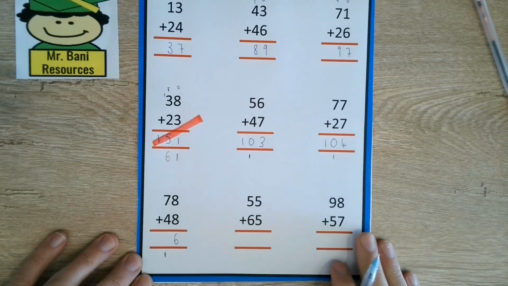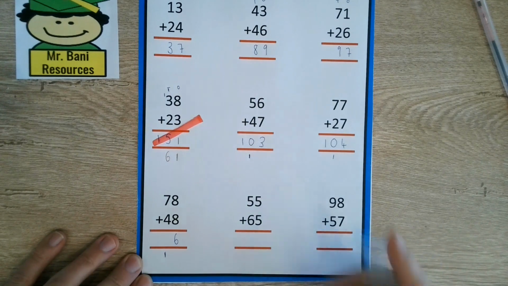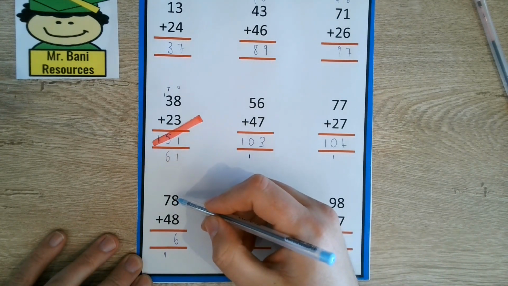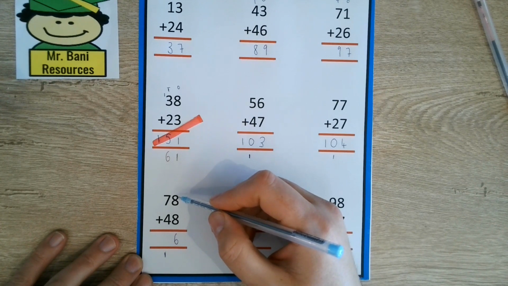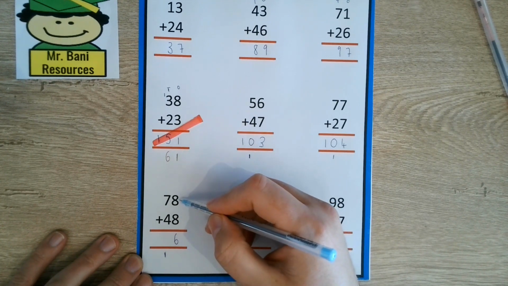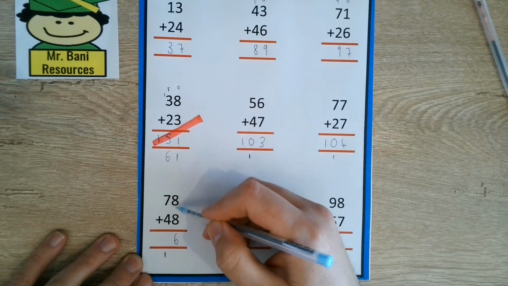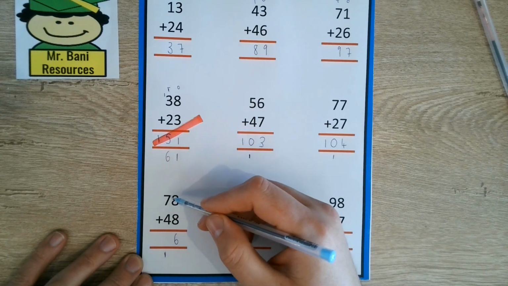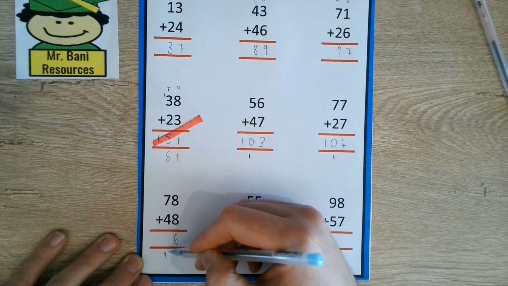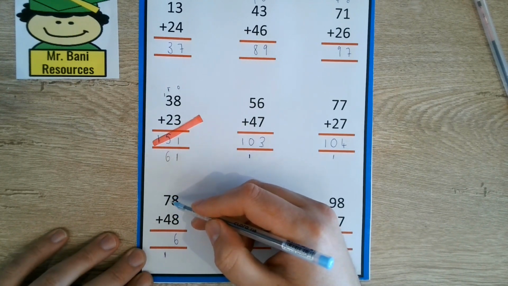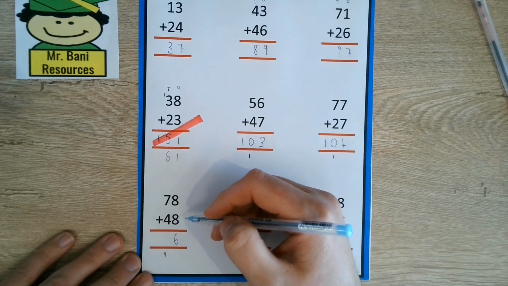What do I do next? Rashid Abdullah. What did you do? Tell me exactly what you did. Did you do 8 add 8? Yeah. Was 16, and then after that, what did you do for the 10s column? I added them. You added what? The number. What is the number, Rashid? 7. 7 add? 4. Add? 1. Good man. So, 7 add 4 is what?